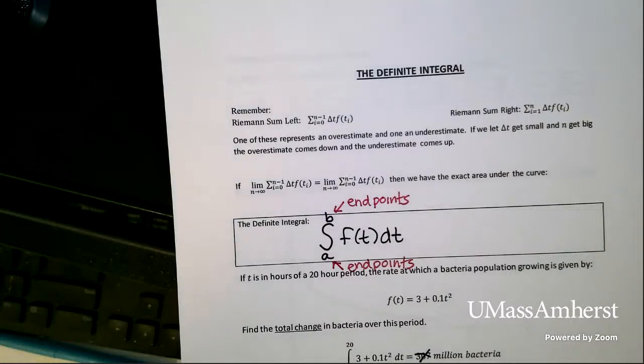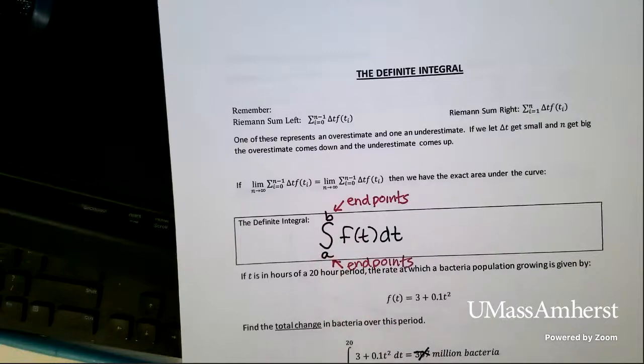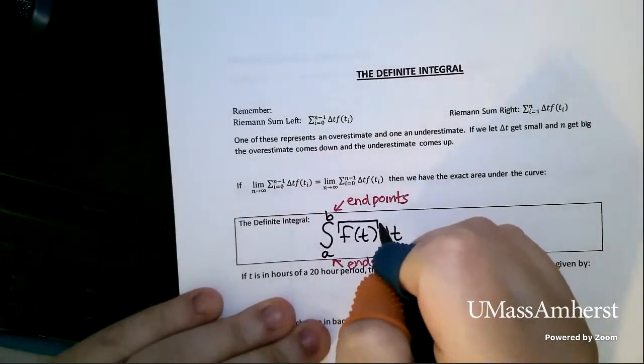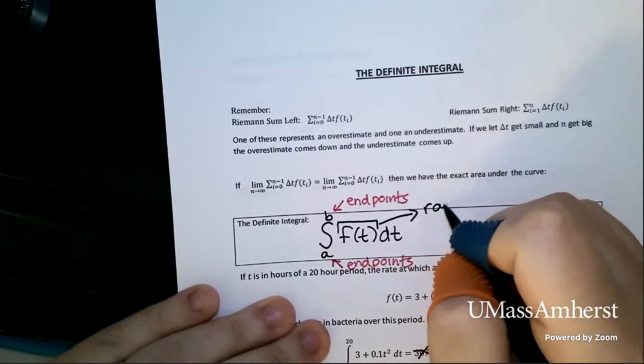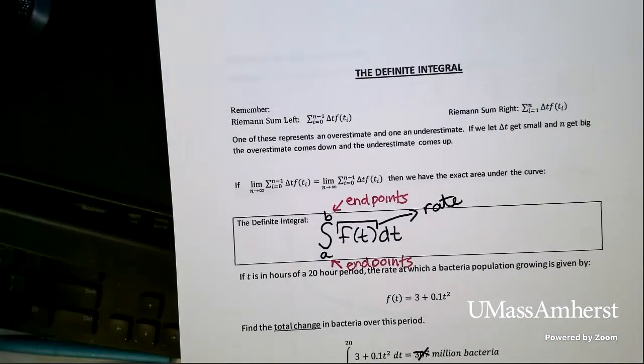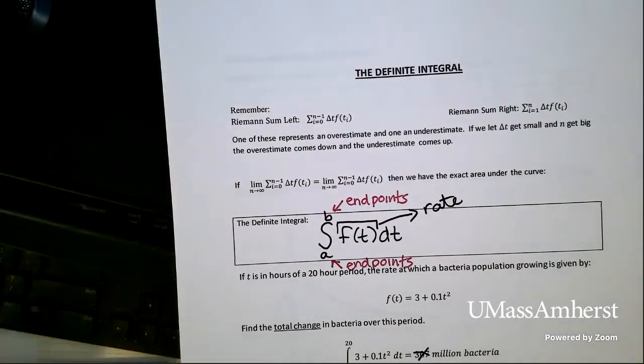We want to know the area under the curve between A and B, where we start, where we finish. Okay, now f of t is your function, which we know is some sort of rate, right? So remember, we've been looking underneath a rate function to tell us how much the original function changes.